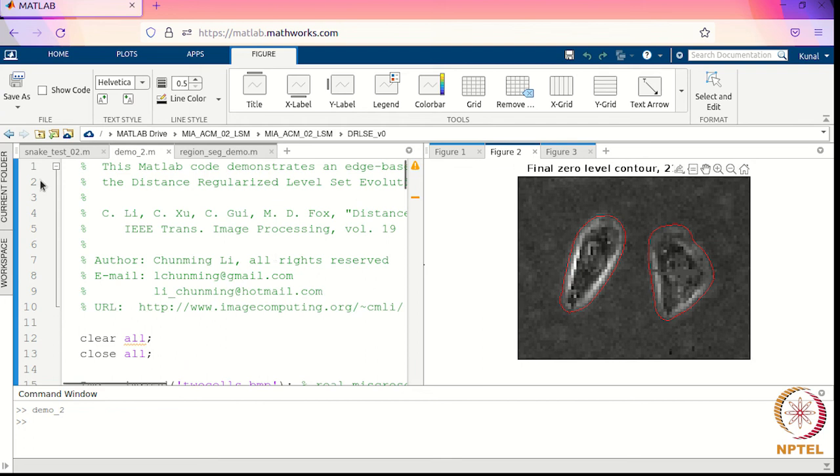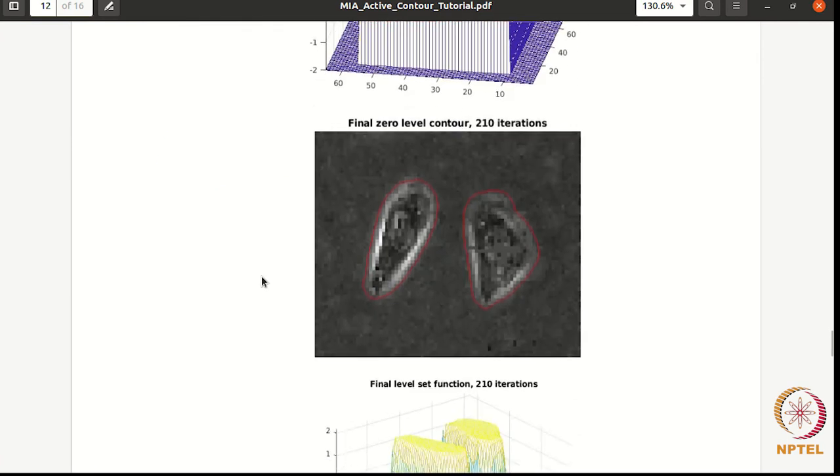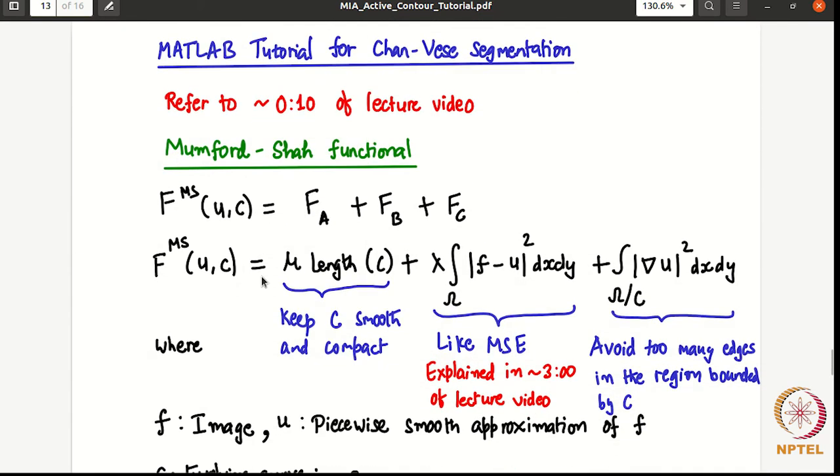Okay, so now I come to the last part, the last model. It is called Chan-Vese model. So this is also a level set based active contour model, but the difference is in the value of the functional, right?